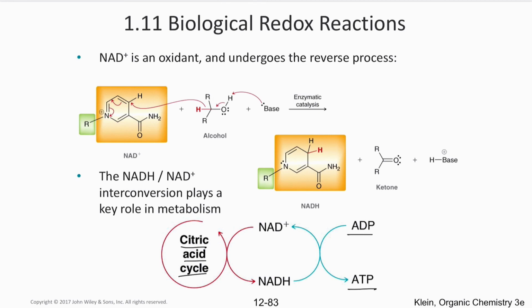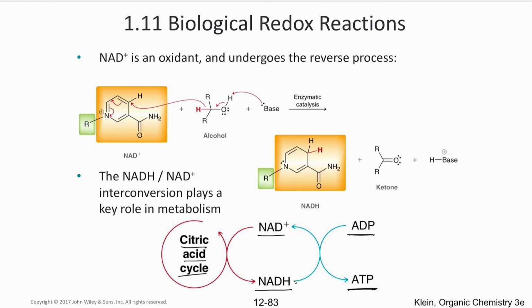The citric acid cycle is the main place where you convert NAD+ into NADH, and using the compound that is released there, you use the energy. In reverse, the conversion from NADH to NAD+ releases energy. That energy release drives ADP to ATP.